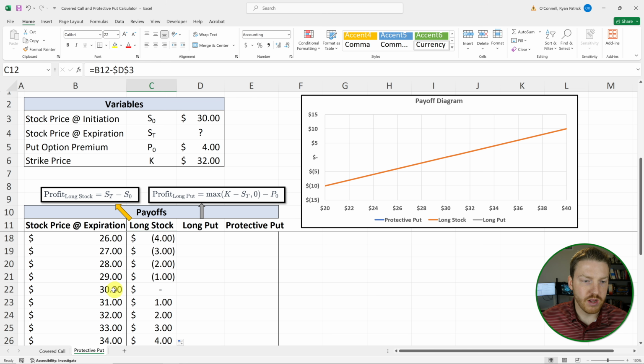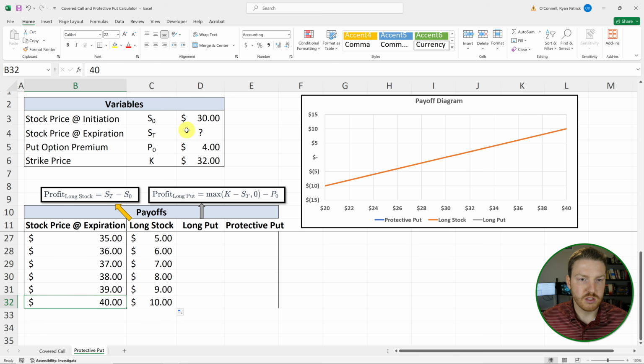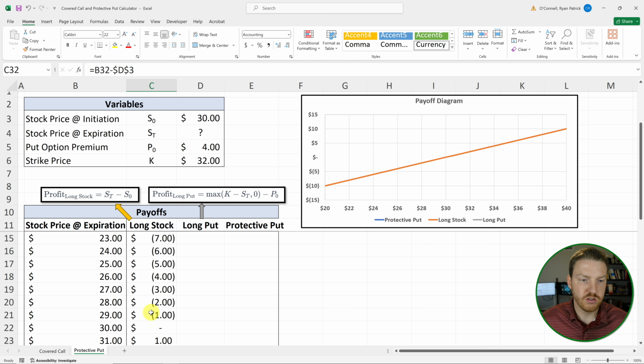So when the price hits 30, we're exactly even because a stock that we purchased for 30 is still worth 30. So we've not gained or lost anything. Any value above that, we start to gain money. So if we can sell a stock for $40 that we paid 30 for, we're up $10. Versus if we can only sell a stock for $20 that we paid $30 for, we're down $10. And we can see this payoff represented in this orange line.